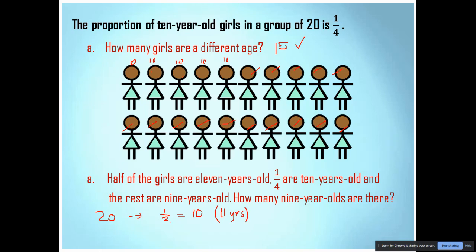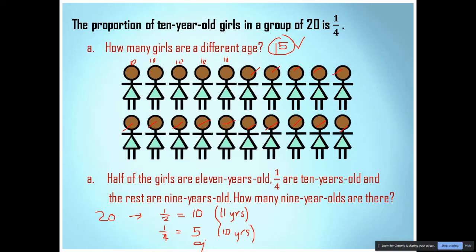And 1/4, which is the one we answered when answering our first question, 1/4 are the girls who are 10 years old, which is 5. The rest are 9 years old.